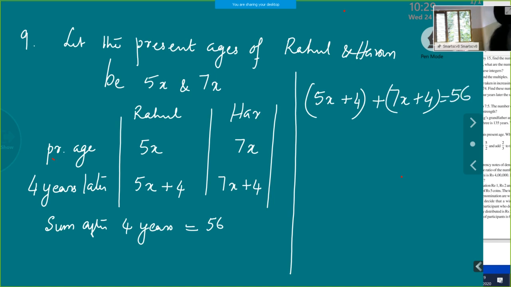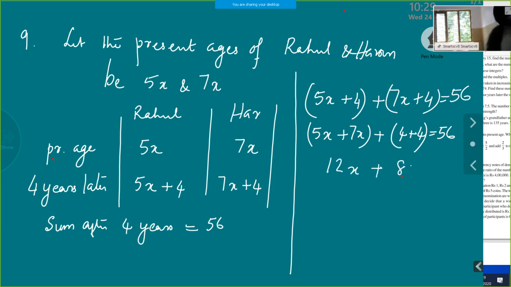The sum is equal to 56. Now collect the like terms: 5x plus 7x, plus 4 plus 4 is 56. This is 12x plus 8 is equal to 56.